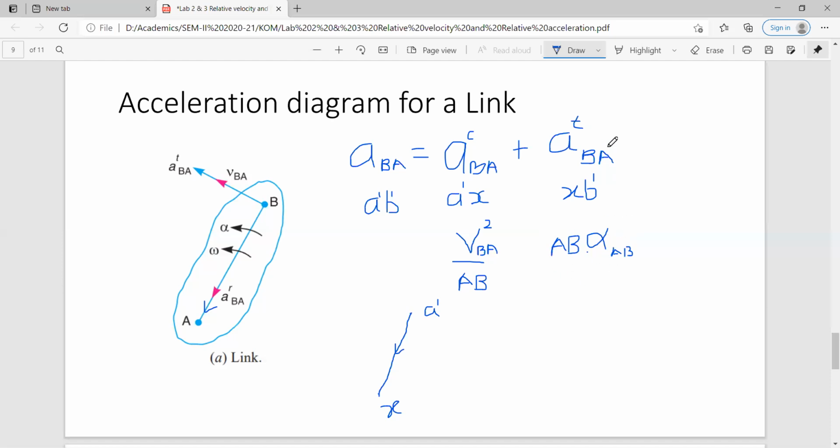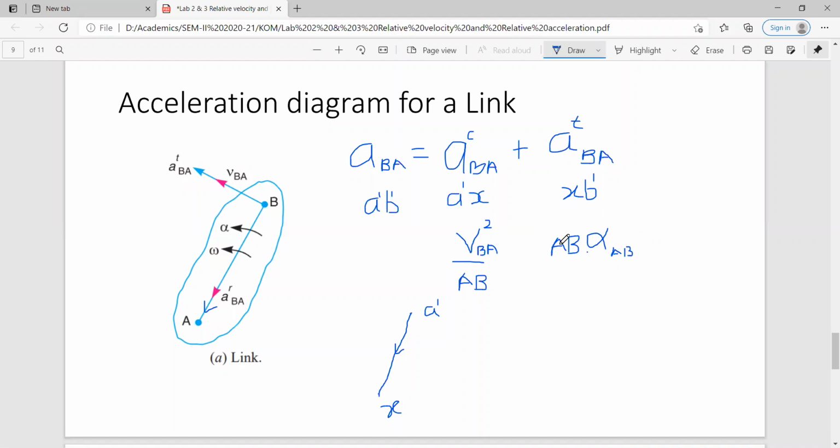The direction of the tangential component is perpendicular to the centripetal component. We already know that. So I have to draw a perpendicular through point X. I can draw it on the left side or the right side. But what will be the true direction?